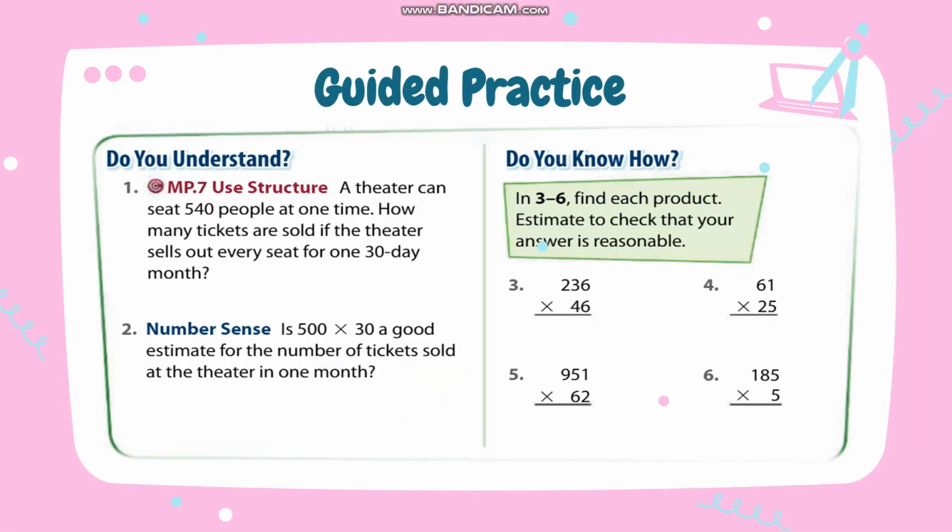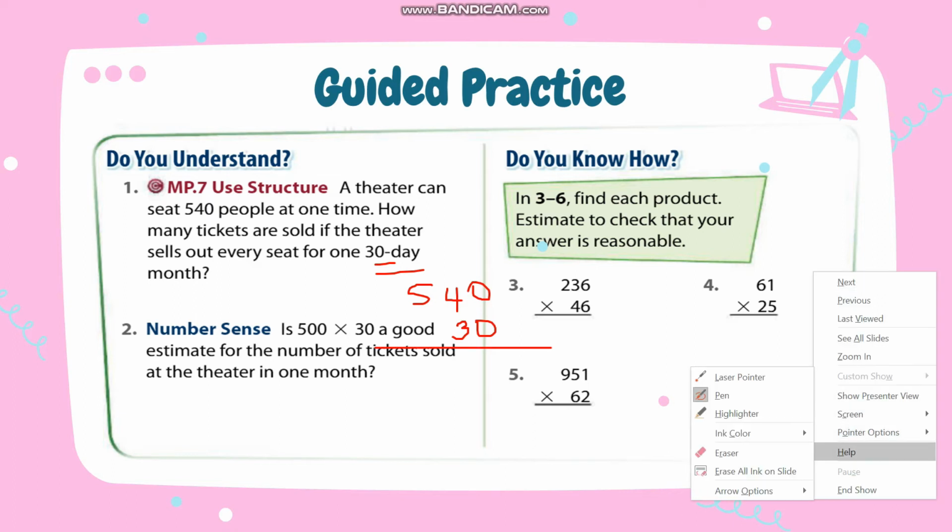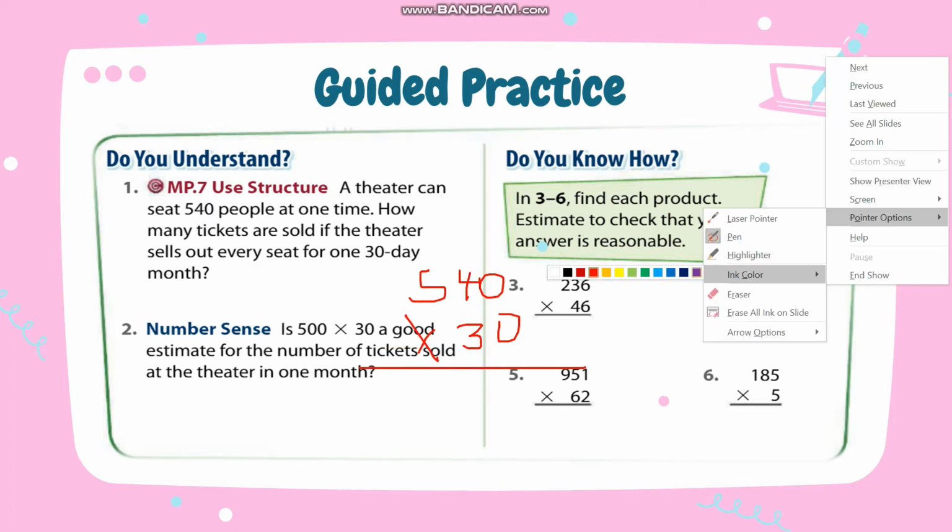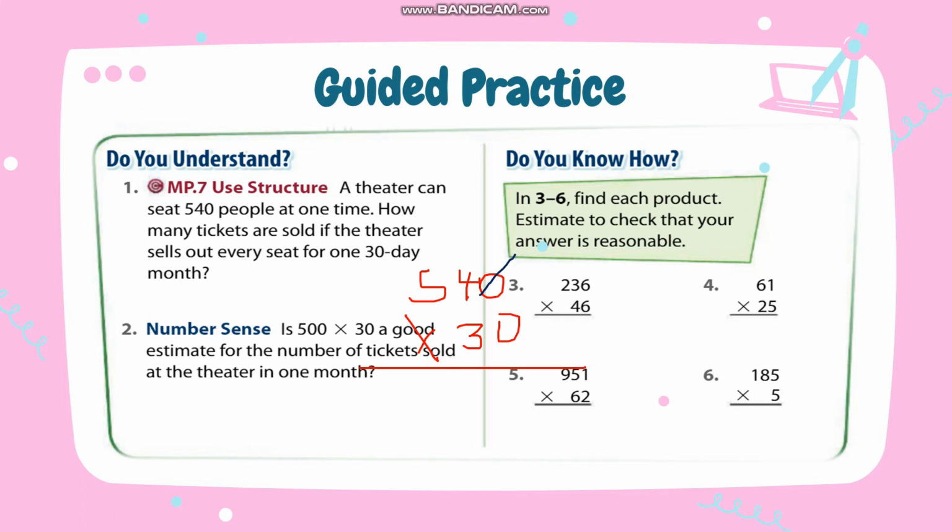A theater can seat 540 people at one time. How many tickets are sold if the theater sold out every seat for 30 days? We simply multiply 540 multiplied by 30. Always remember, class, if it ends with 0, you just cancel the zeros and put them into the product.